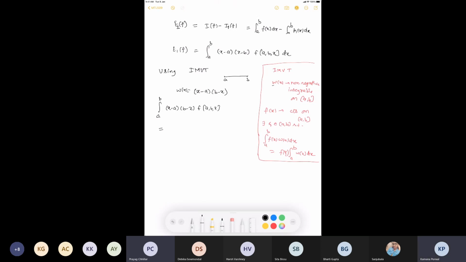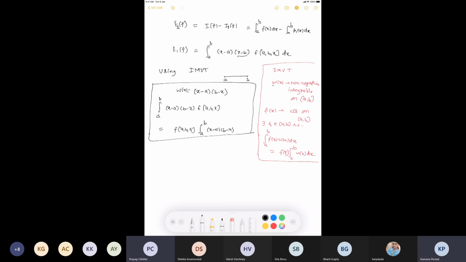This is going to be some f[a, b, xi] times the integral of a to b of (x minus a)(b minus x), right? It's just that I have to take a minus sign outside, and then I will be able to apply the integral mean value theorem.